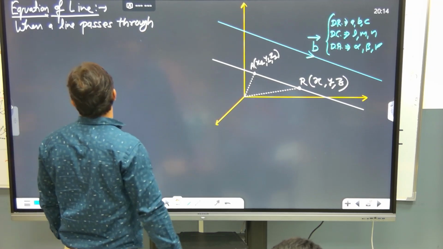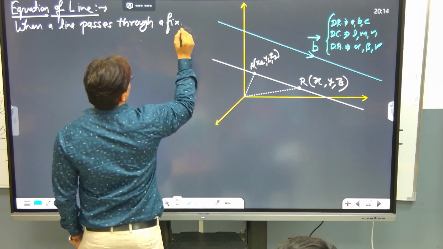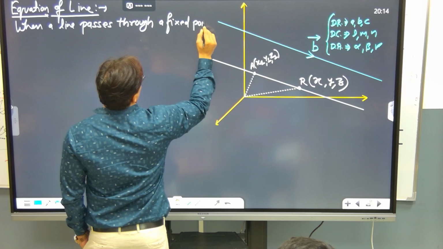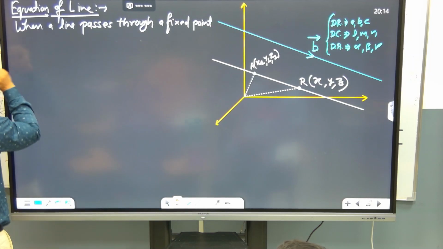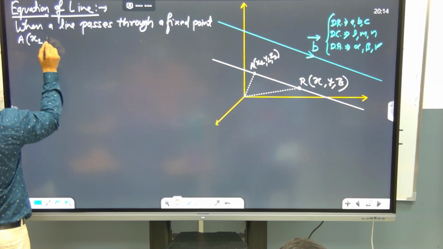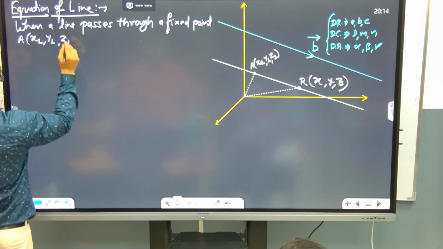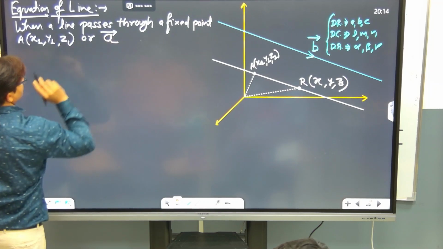Equation of line in 3D. When a line passes through a fixed point A, we have either position vector of A or coordinates of this. I am writing x1, y1, z1 or A vector.